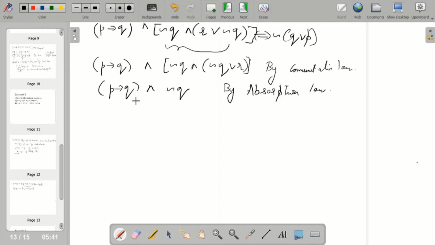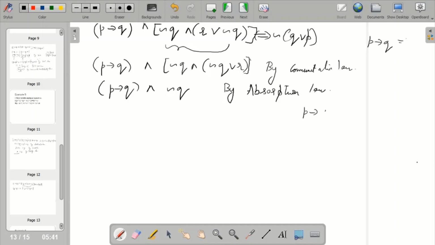Now you know the formula for p conditional q and negation of q. What is p conditional q?